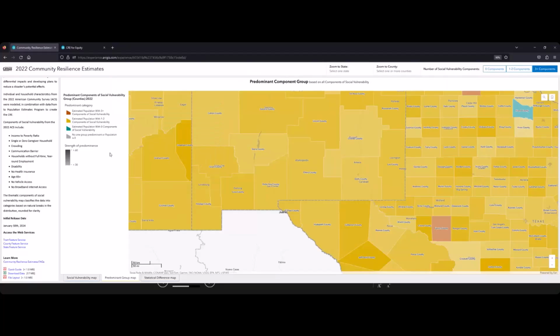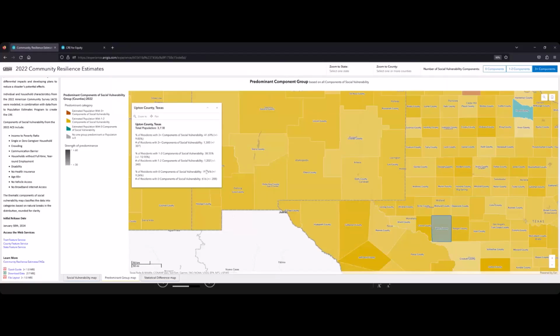At the other end, anything that is colored red, the largest group will be the one with 3 or more components of social vulnerability. So we can see here, for example, Upton County, the percentage of residents with 3 or more components of social vulnerability is estimated at 41.7%.